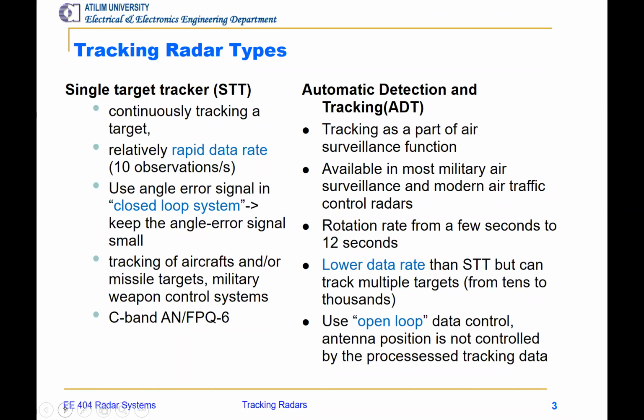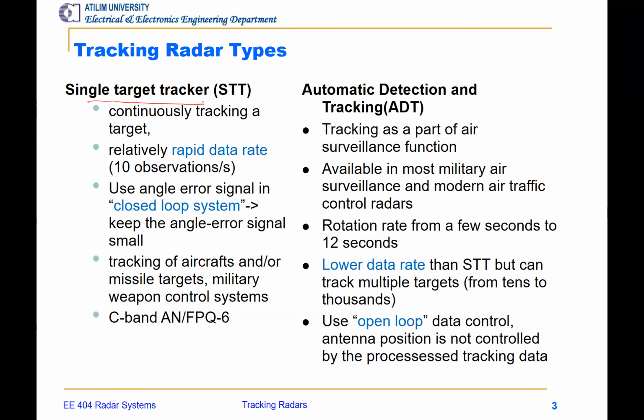Okay, the first tracking radar type is the single target tracker, STT. It continuously tracks a target as it is engaged with a single target. Its data rate is quite high.